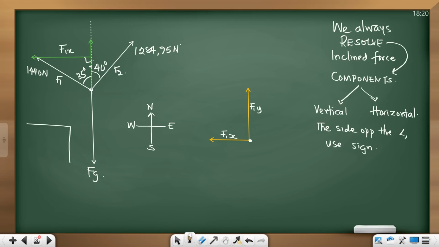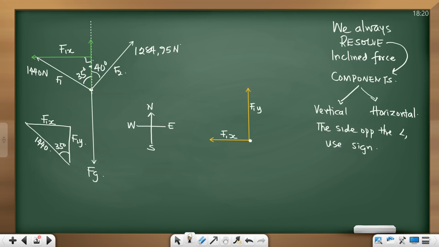I have this like this. What is this angle here? 35. Which one is this? F1X. Why? It is horizontal. This one is my F1Y. What is this? 1440. Which one is opposite?